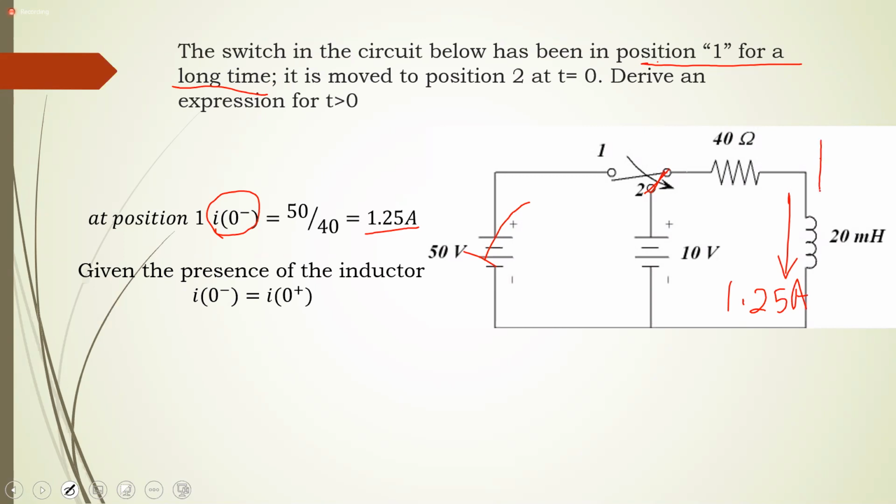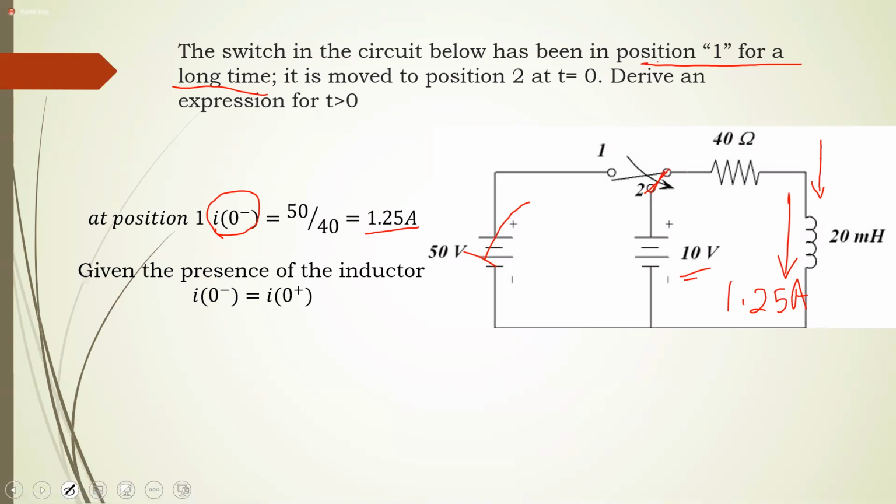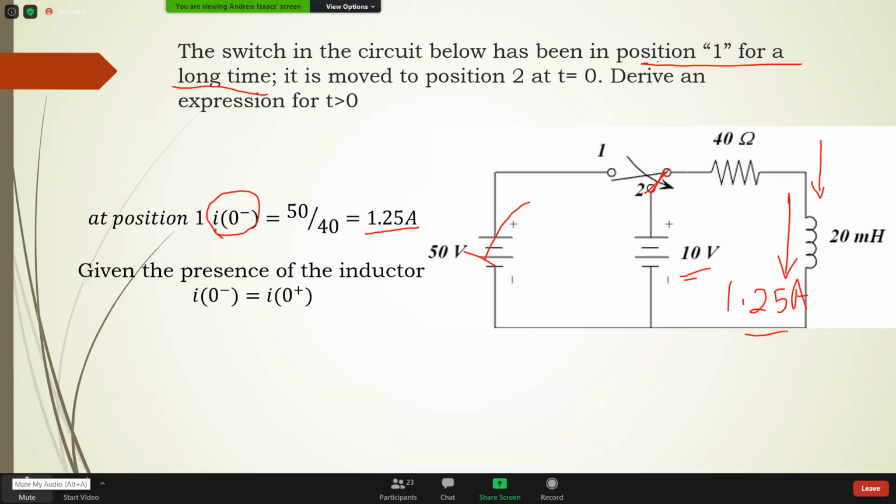It said that 1.25 amperes is caused by the inductor, so it will be 0 now. It can't be 0. I've now switched it to a 10-volt source. Yes, sir, but I'm saying that 1.25 is a result of the inductor. It would be 0 now, but you would still have the current from the 10-volt source. No, we can't say it will be 0. Remember.